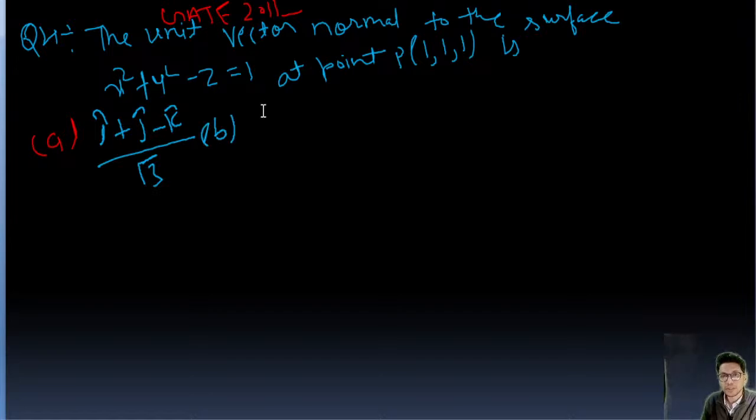Option B is 2 i cap plus j cap minus k cap upon root 6.